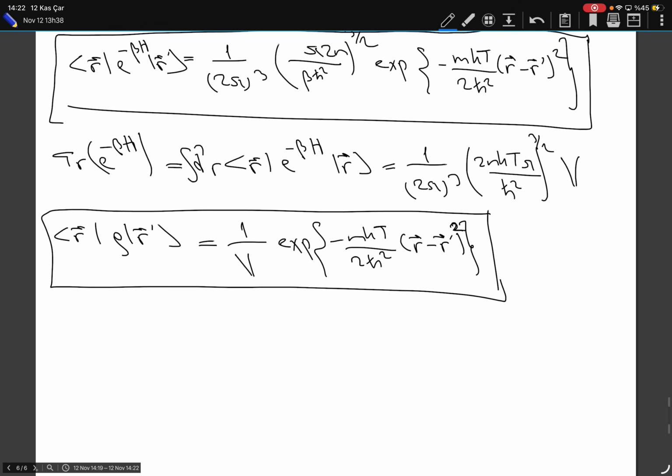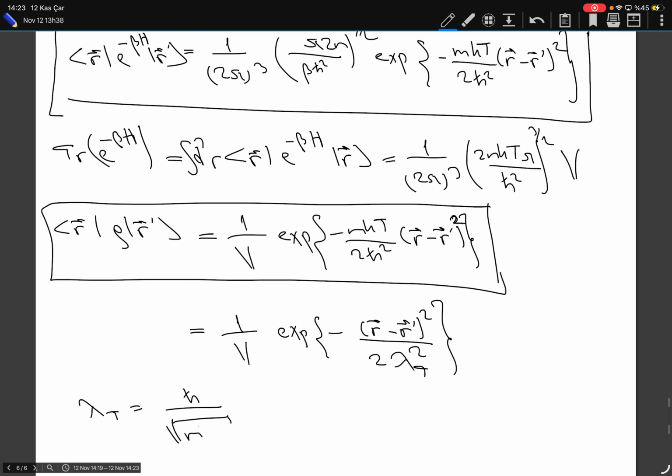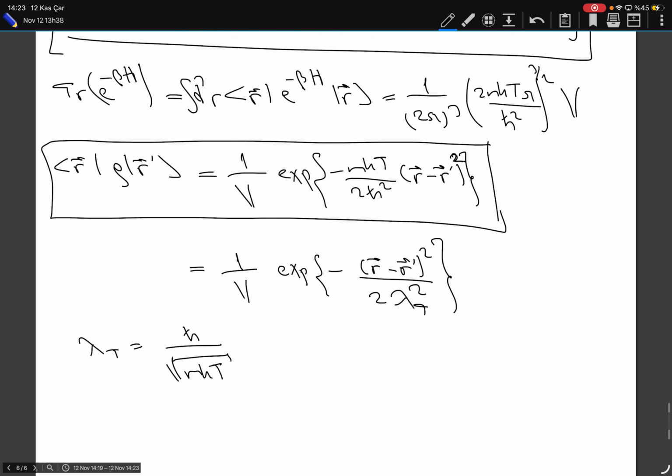And if you see, let's say, let me write this in this form: exponent of minus r prime squared divided by 2 lambda_T squared, where lambda_T is h bar over square root of m k T, which is sometimes called the thermal wavelength.